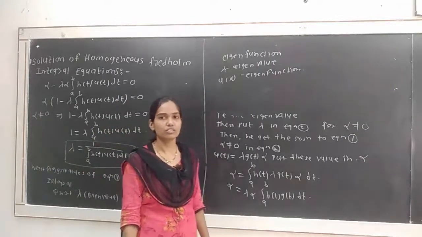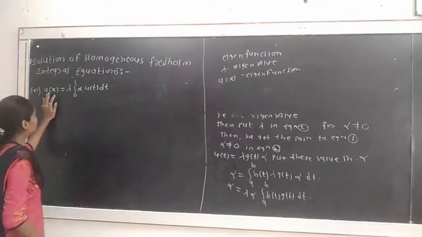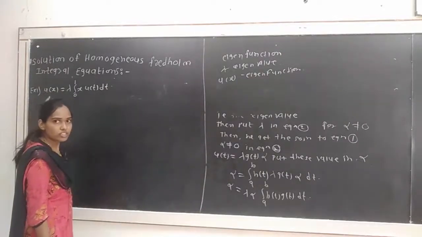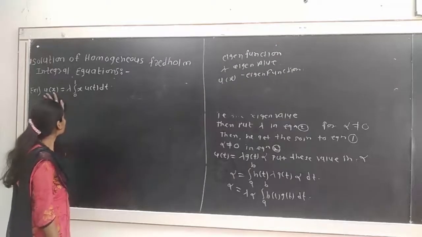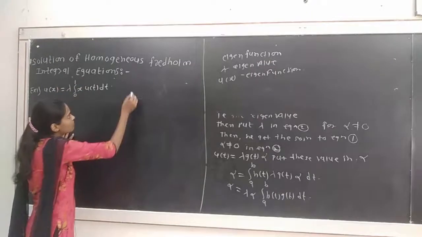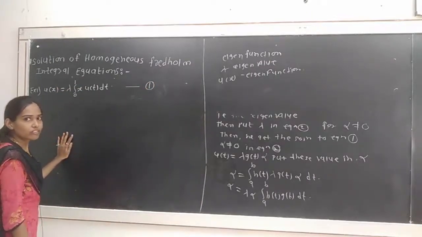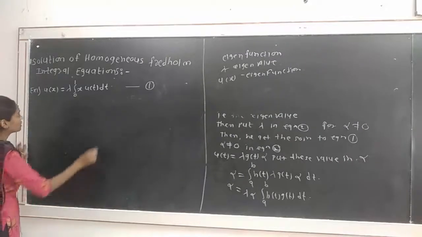Okay, so we see an example on that. Example: u of x is equal to lambda integration from 0 to 1 x into u of t dt, which is a homogeneous integral equation. Take this as equation number 1.